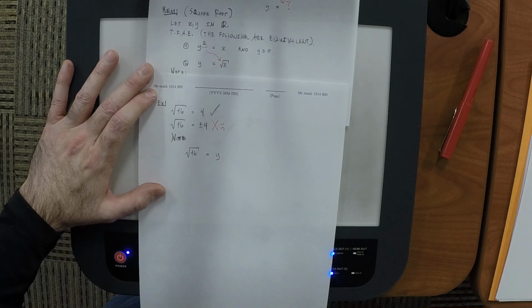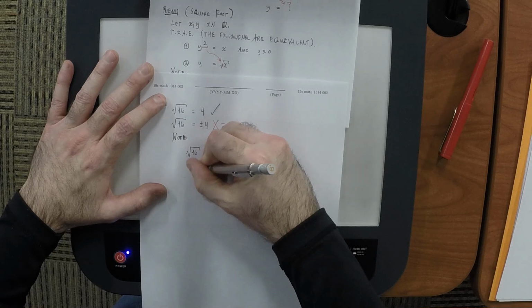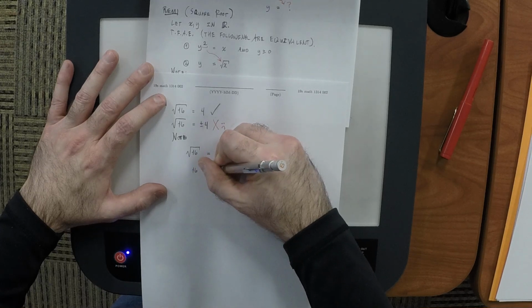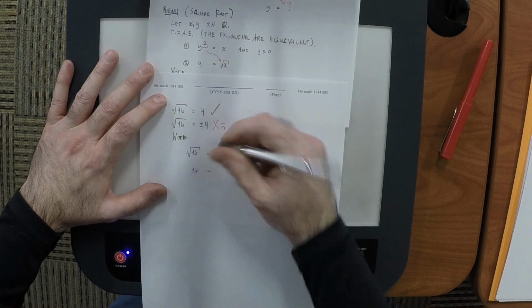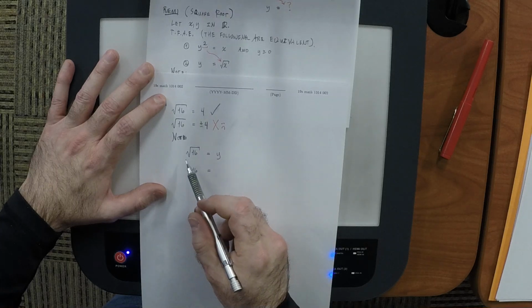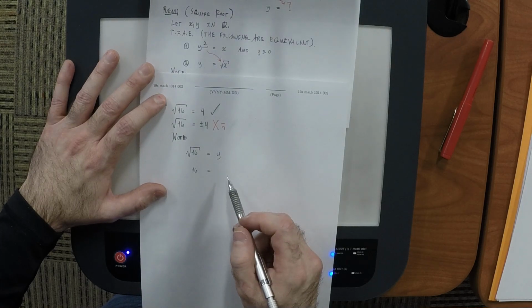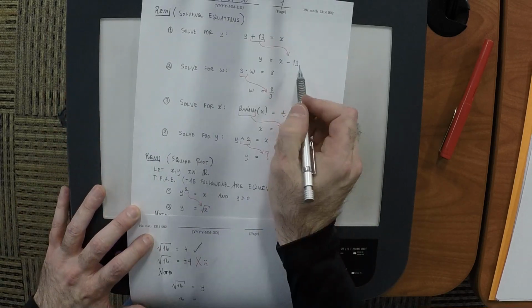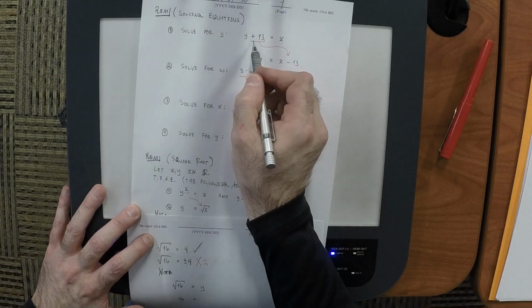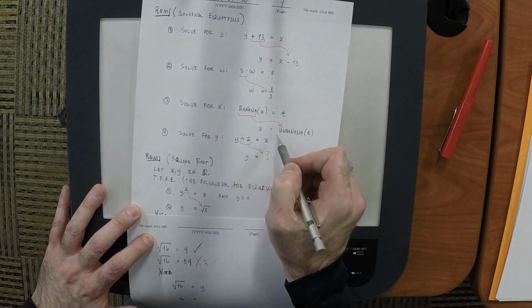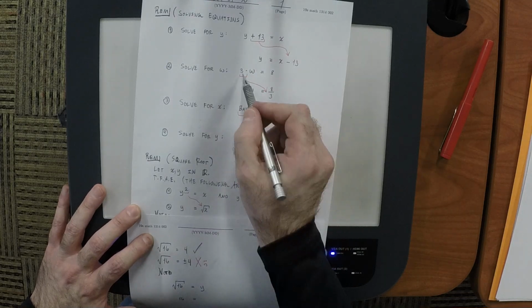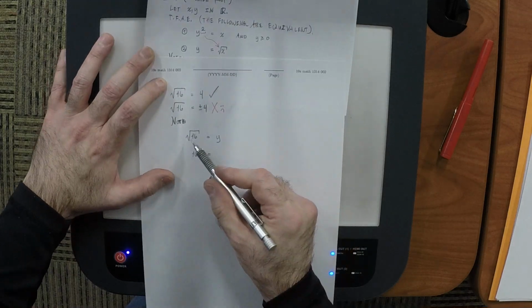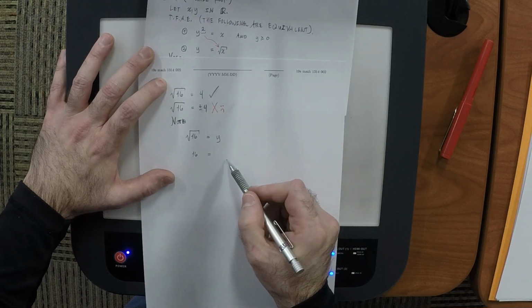Now I could solve for 16 and say that 16 is equal to... effectively what I'm requesting is that I want the square root to go to the other side. Just like subtract 13 can go to the other side as add 13, divide by 3 to the other side as multiply by 3. If I want the square root to go to the other side, what does it become?